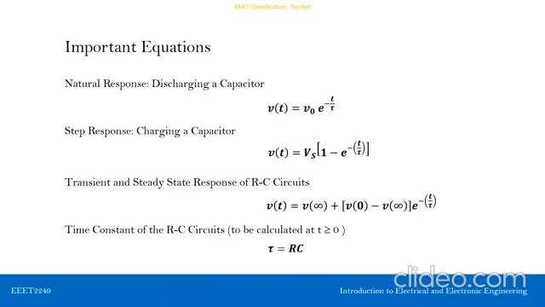For transient and steady state response of RC circuits, V(t) equals V infinity plus V0 minus V infinity, e to the power minus t over tau. And then finally, the time constant of the RC circuits, to be calculated at t greater than or equal to 0, is tau equals R multiplied by C. Now you know all of the equations. Let's try to solve the example questions.